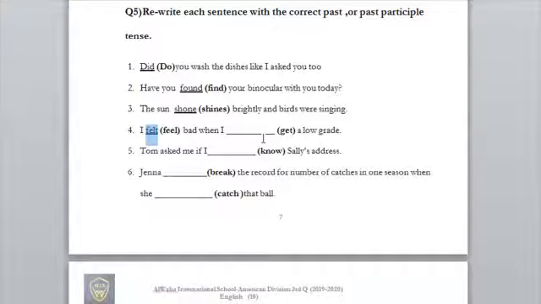And same thing for the second part of the sentence. When I get, let's be quiet for a second. Yes, when I got. Okay, and let's underline the answer to make it clear. The next one, which is number 5: Tom asked me if I knew.